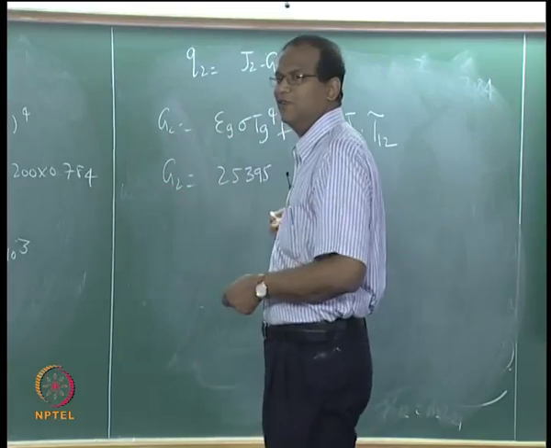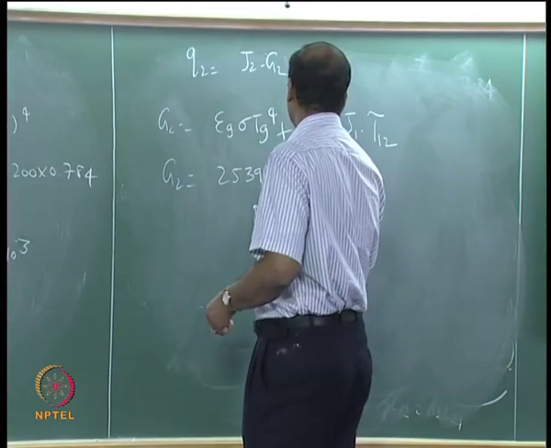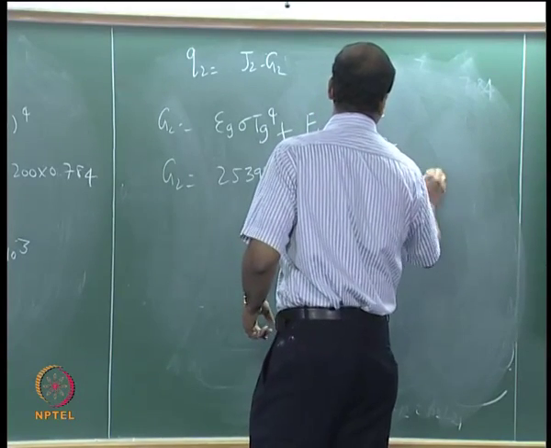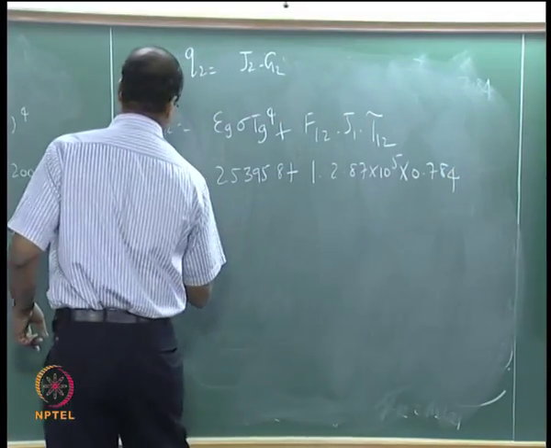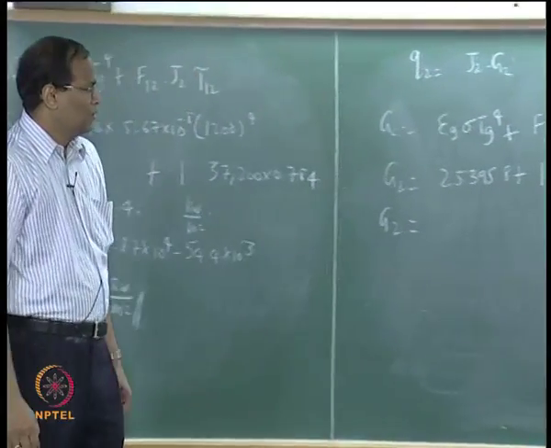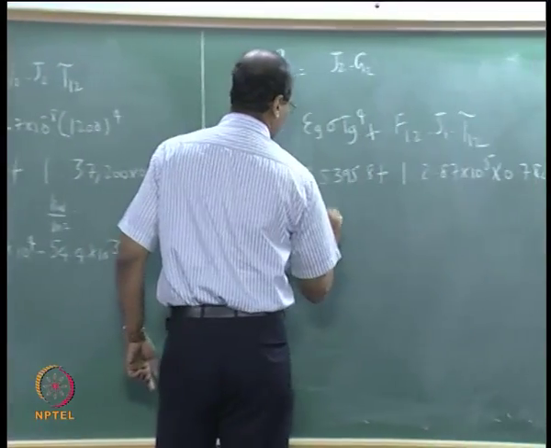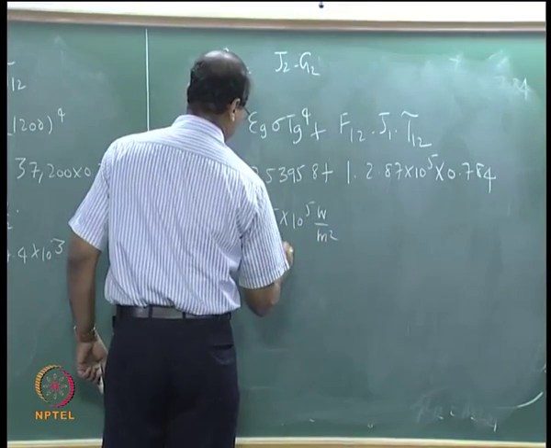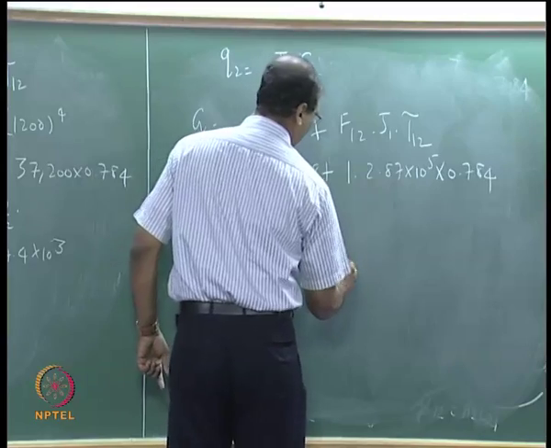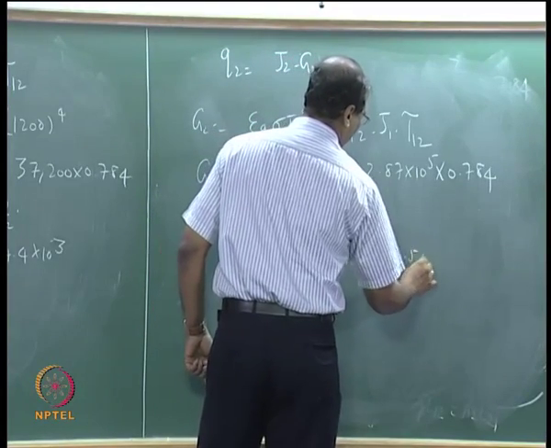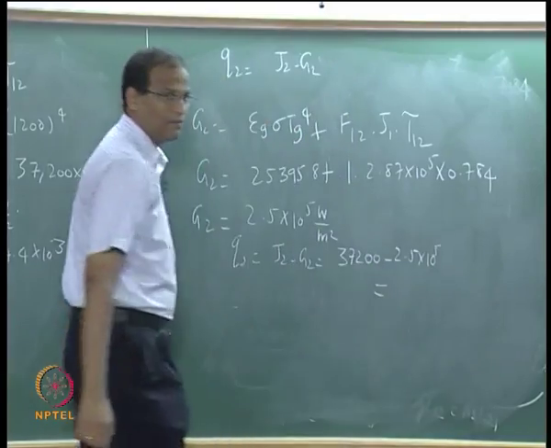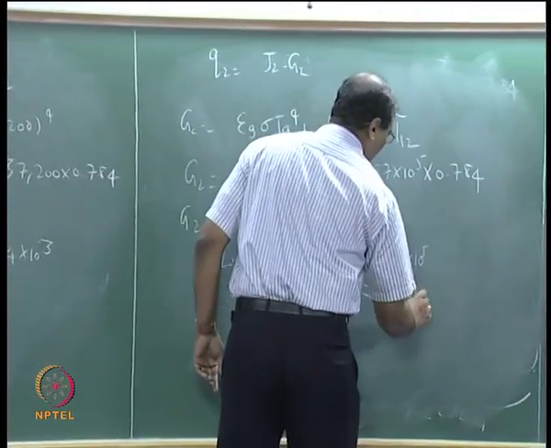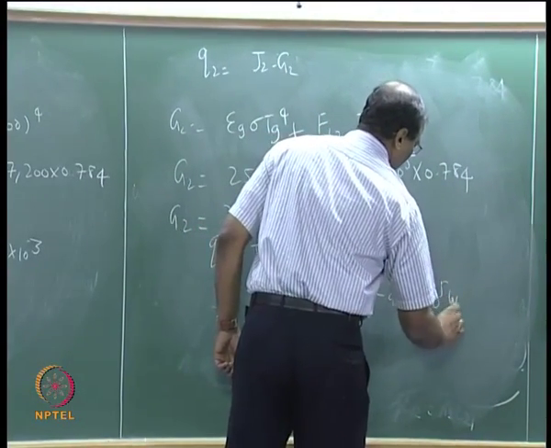He is already going to the next one. 25,395.8 something plus 1 into G2 is equal to minus... must be the same as what we got yesterday.